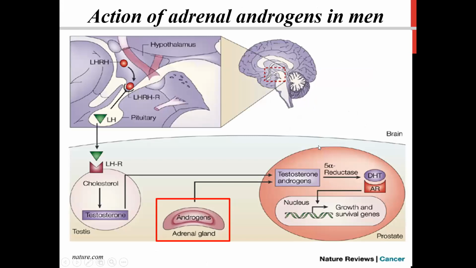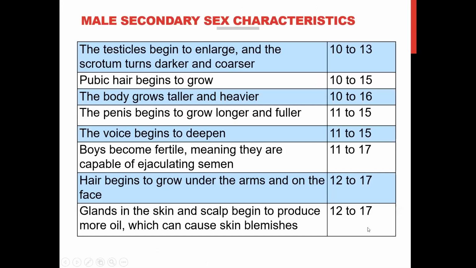For the action, in men, it will produce androgens that help produce testosterone, which in turn helps for the growth and survival of the genes.